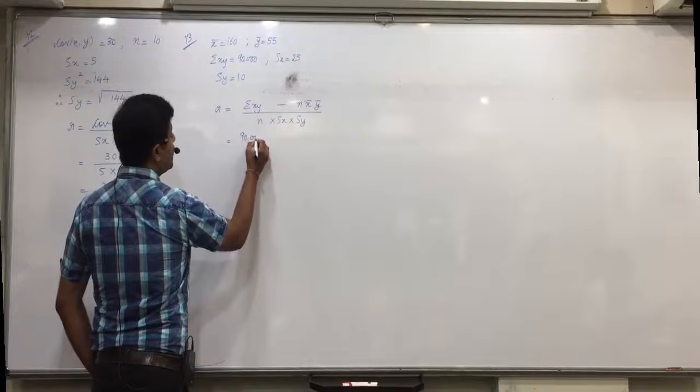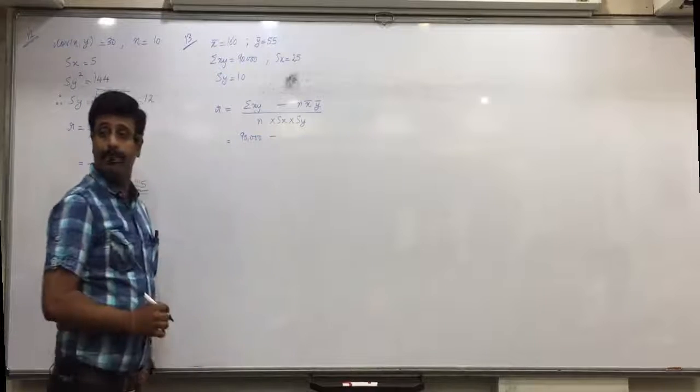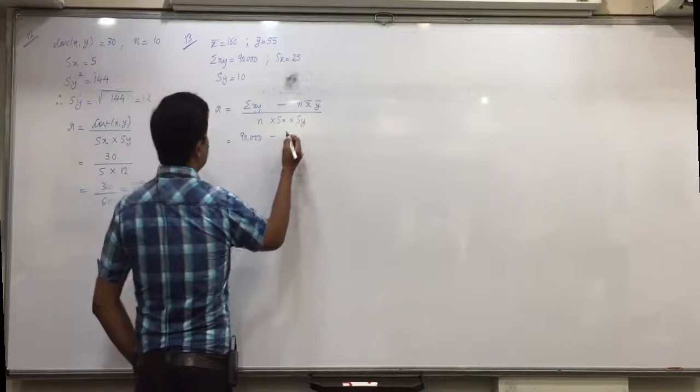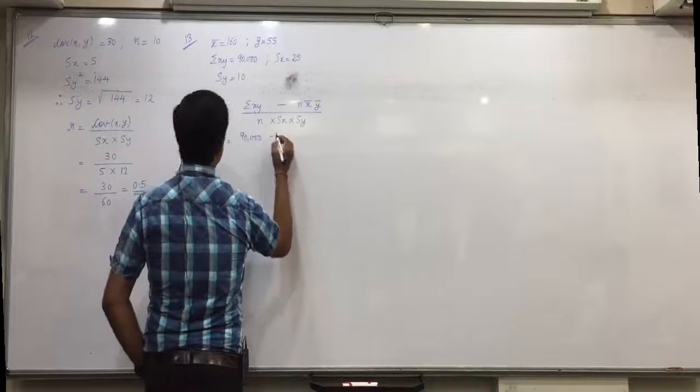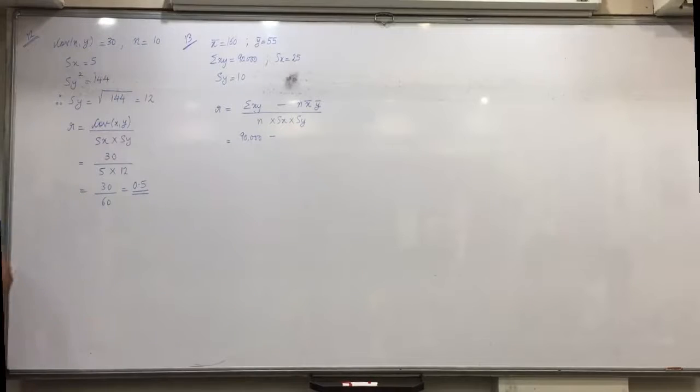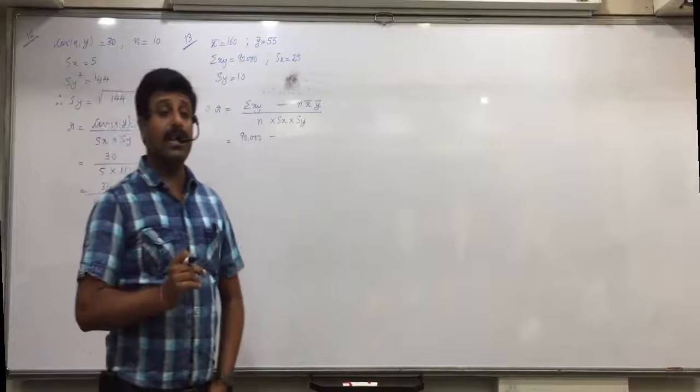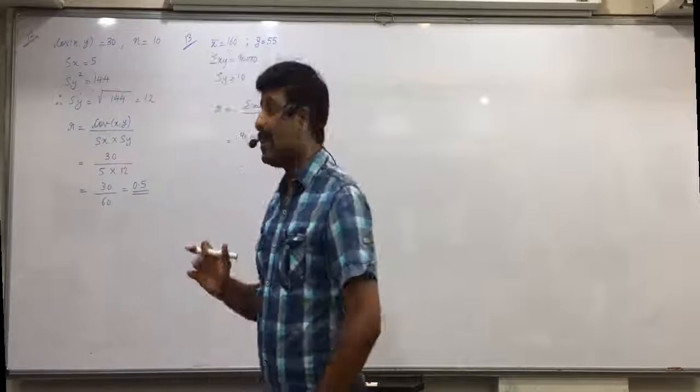Sigma xy is 90,000 minus n. Just 1 minute. It is given in the statement, a sample of 10 students. It is given in words. Can you all see 10 students in words it is given?